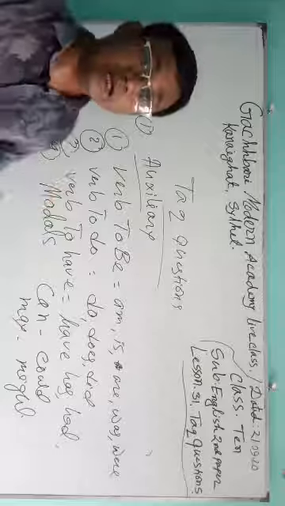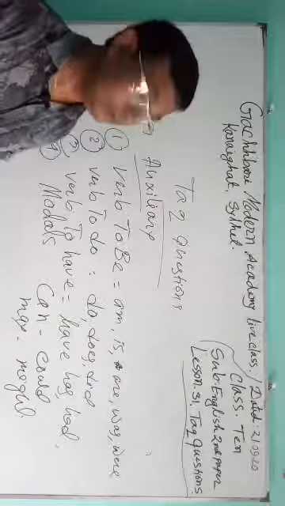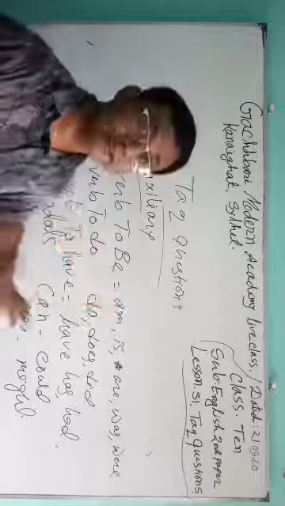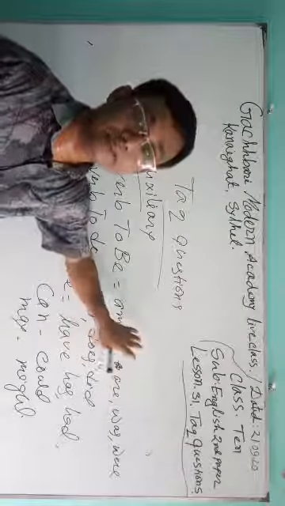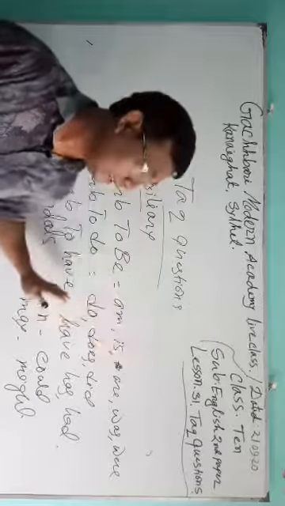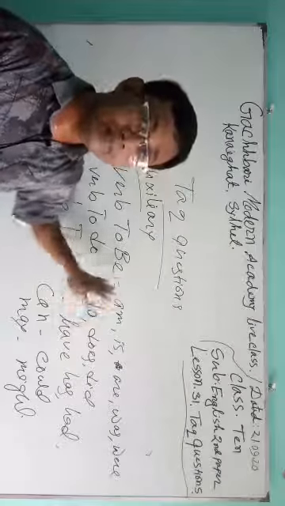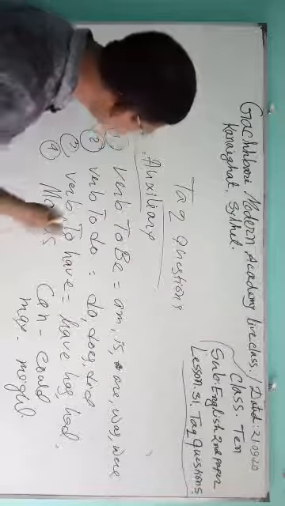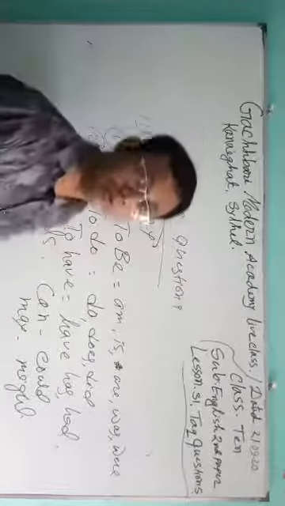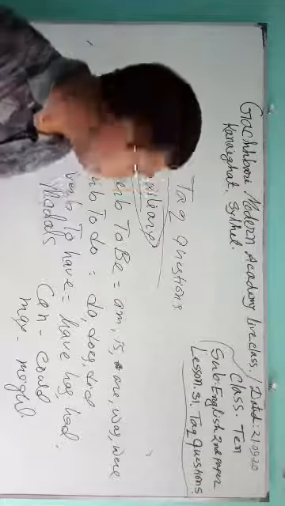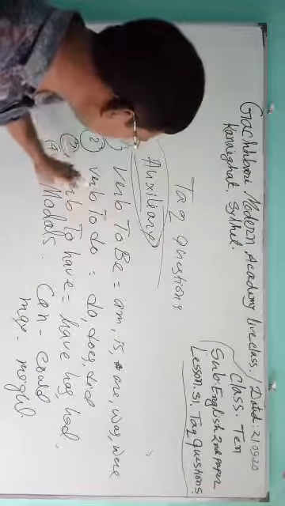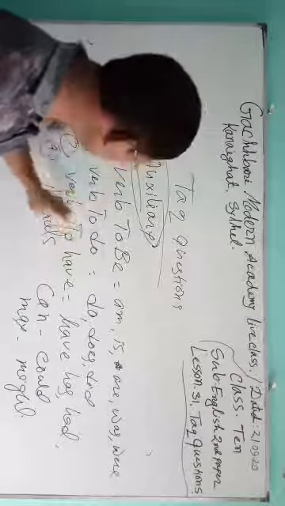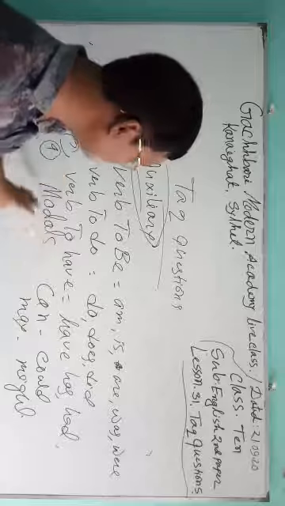Now, I would like to give some idea about auxiliary verbs, because we use this auxiliary or operator to make tag questions, and this operator helps you make tag questions in an easy way. You know auxiliary verbs are only 4 types: verb to be, verb to do, verb to have, and modals.